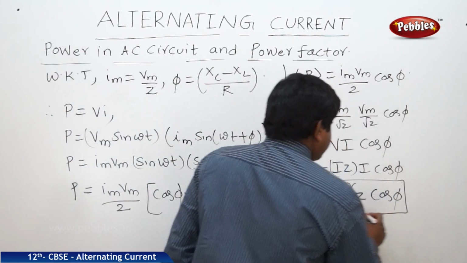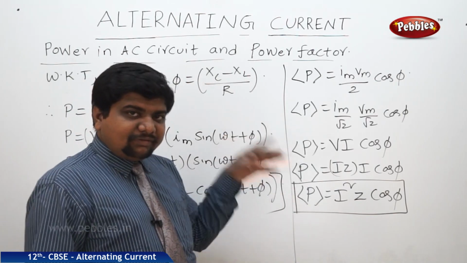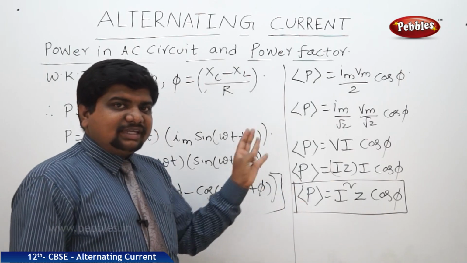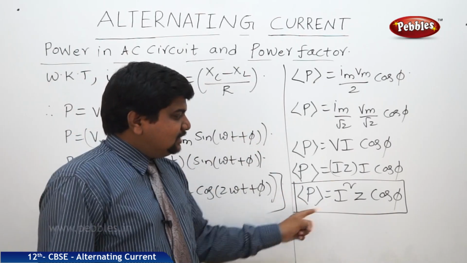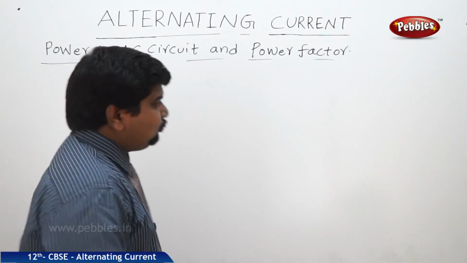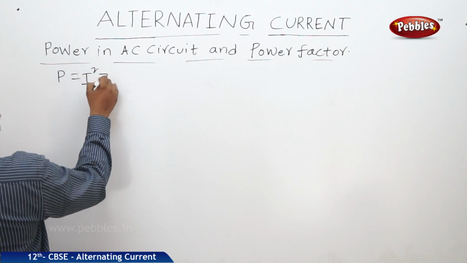Average value of P is equal to I square z cos phi. Now, what will be the power consumption in resistive circuits, capacitive circuits, inductive circuits, resonant circuits? We will see with the help of this equation. Now, we got P is equal to I square z cos phi.